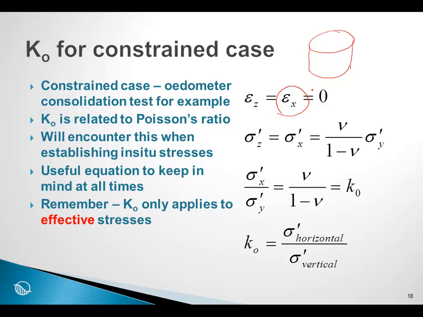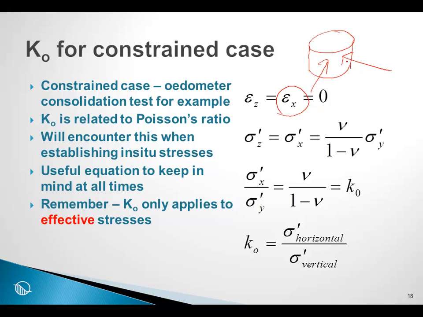In this particular case, both strains in the X and Z directions are 0. When we make both strain X and strain Z 0, we get a relationship from which we can get the equivalent of K0.